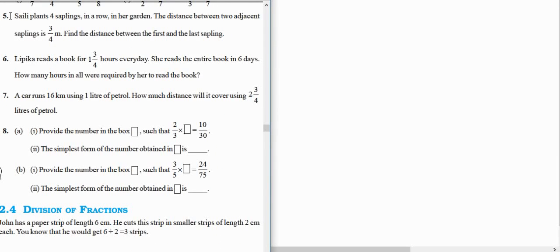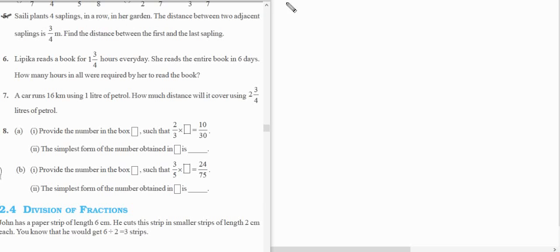Yes, this is your fifth question. Shelly plants 4 saplings in a row in her garden, right? Shelly plants 4 saplings. इसने 4 saplings क्या किए?